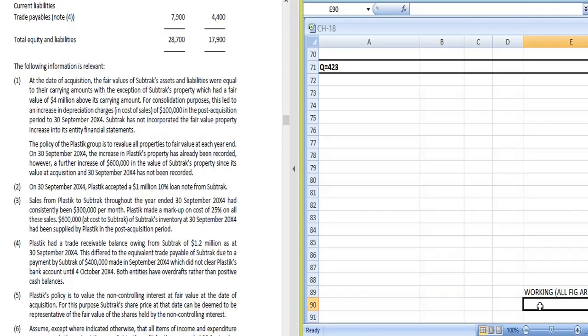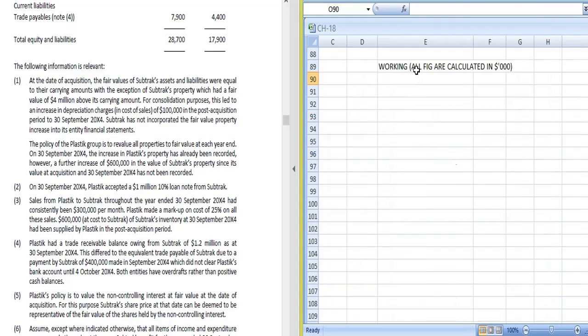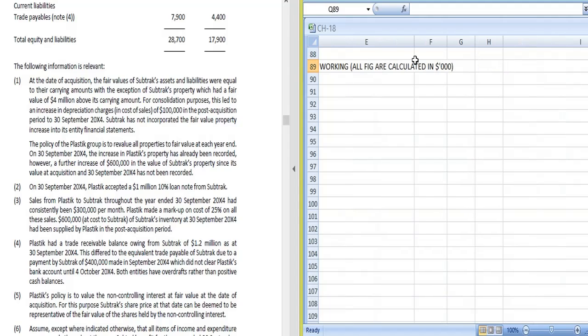We will only do the first working, which is for the group structure, right?